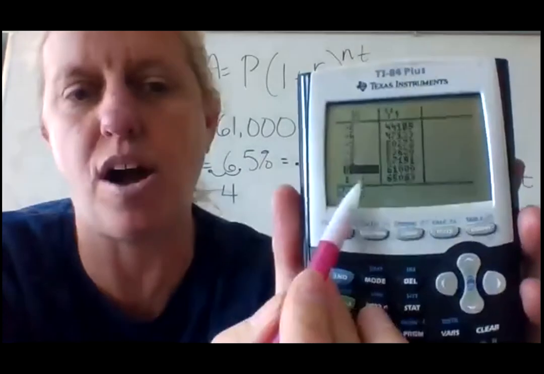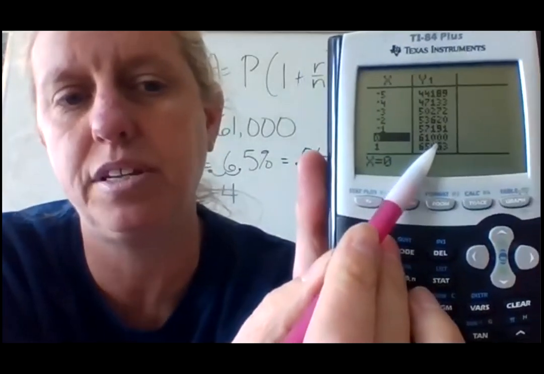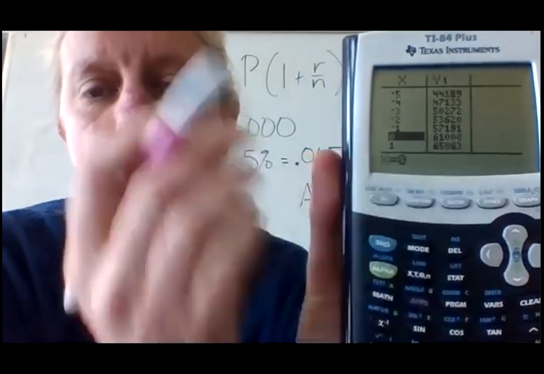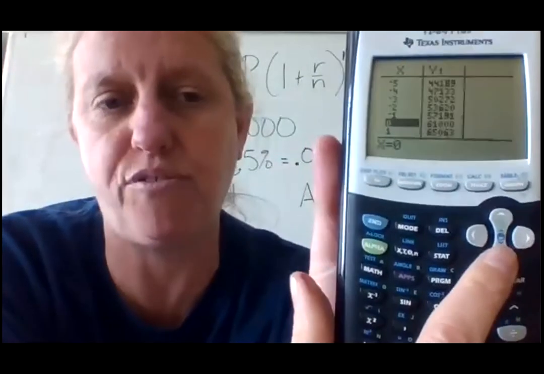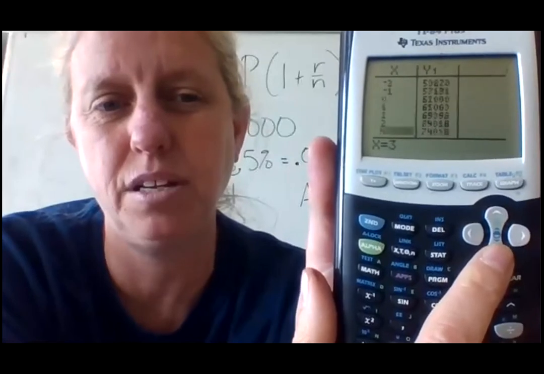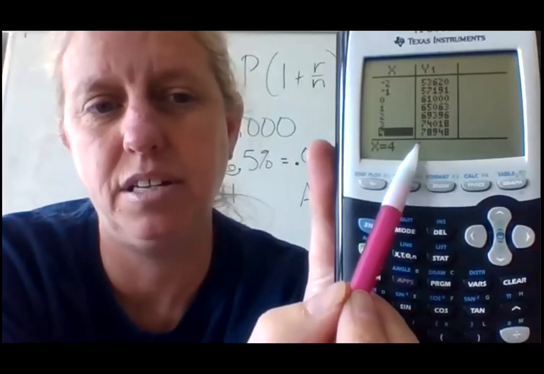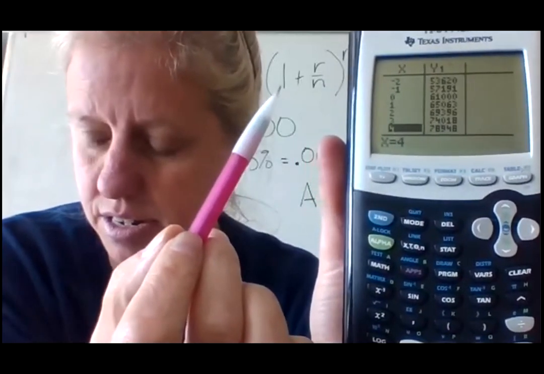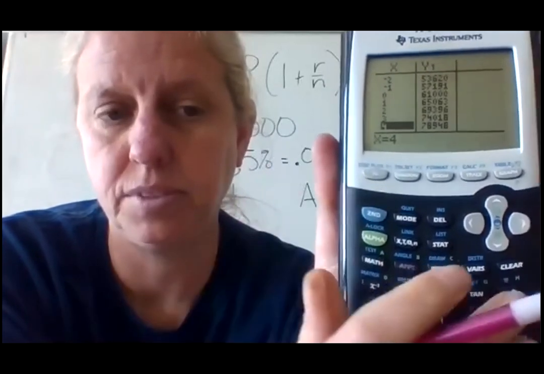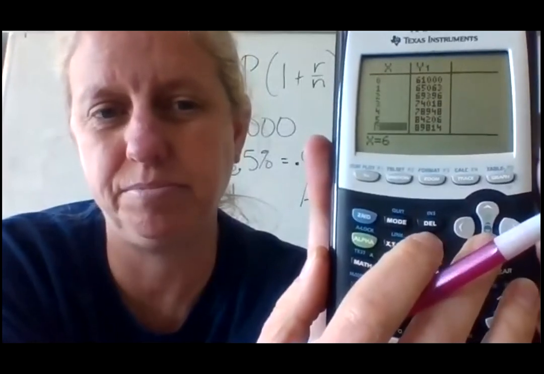Look, when x is 0, what did we get for that first one? 61,000. What was the next thing we did? We changed that t, in other words, x, to a 4. What did we get? 78,948. Then we did the 7.